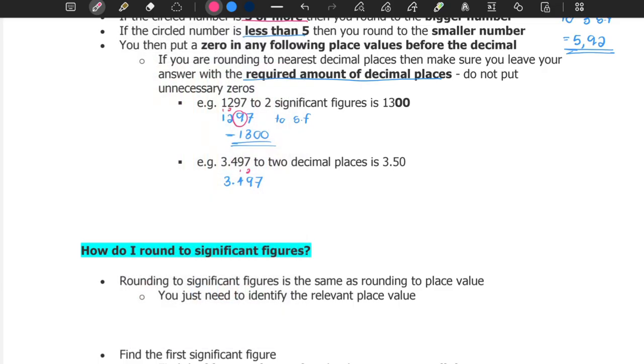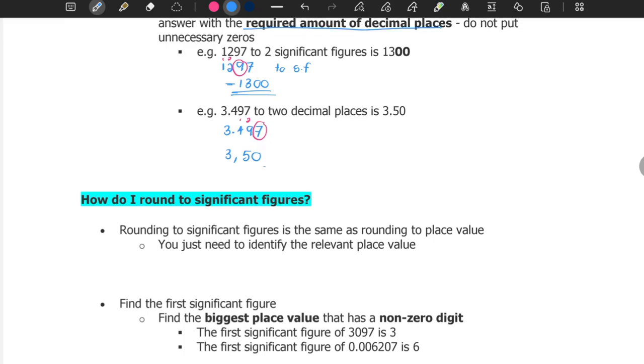The number to the right of that is going to be 7. So 7 is greater than 5, so we round up. So our answer is going to be 3.50, since 9 plus 1 is 10, and then it is up to 3.50. That's two decimal places.